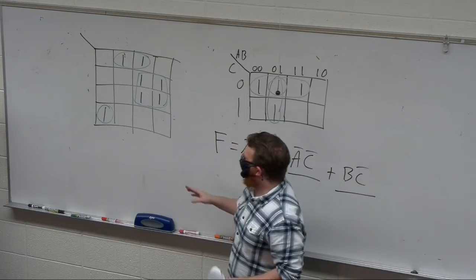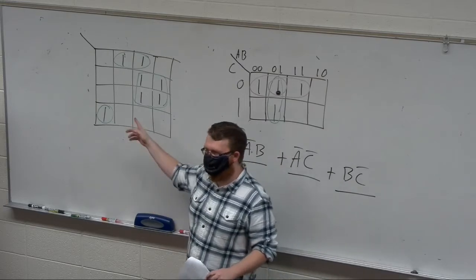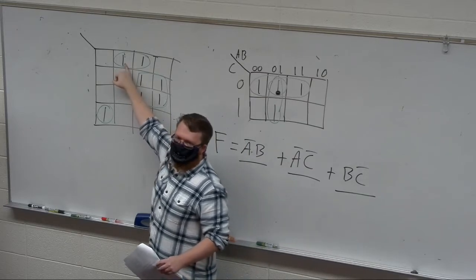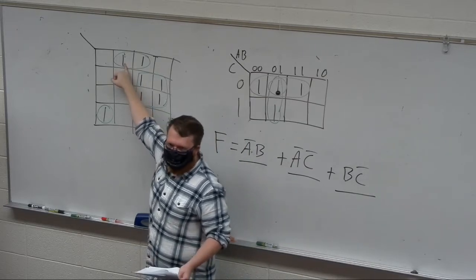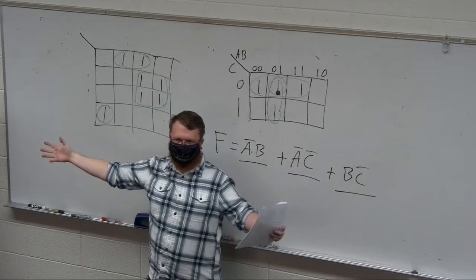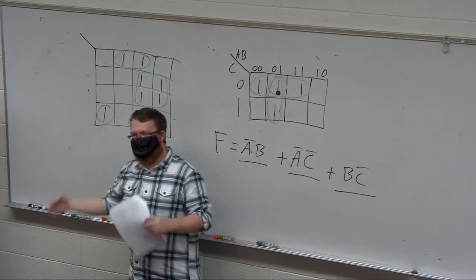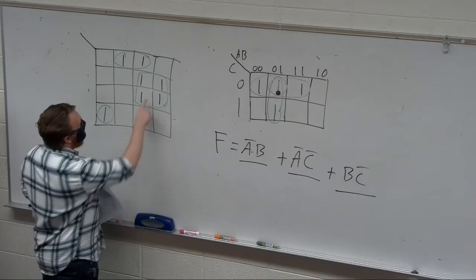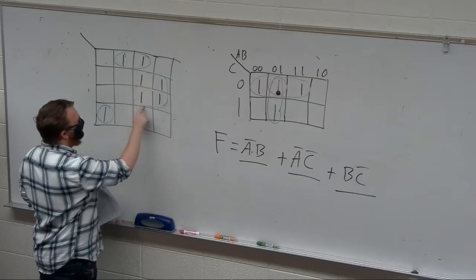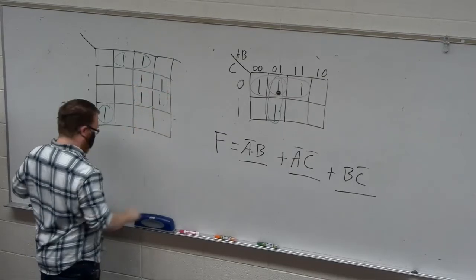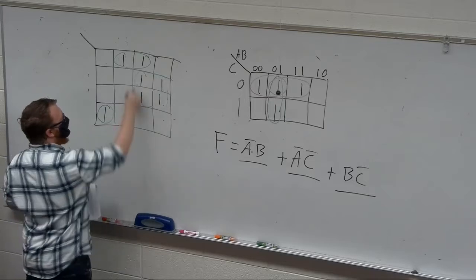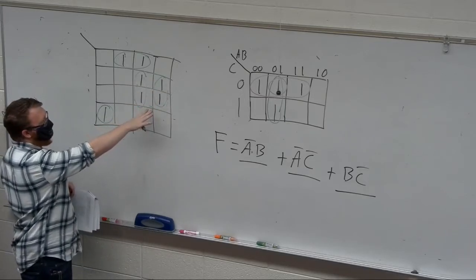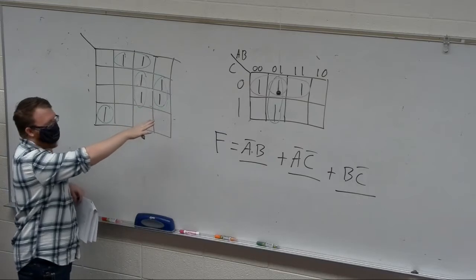Then what you're looking for, after you get your essential primes, right, these are the ones that are big and cover ones that can't be covered any other way. Then you just start looking for other prime implicants, which are just big groupings. They may not be necessary to do, right? So we could do this and that, and then we're not using any essential prime implicants here.